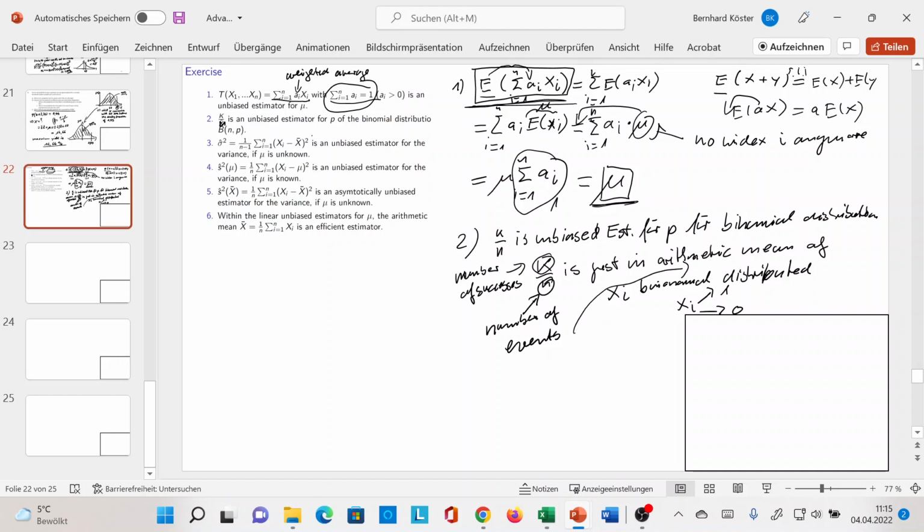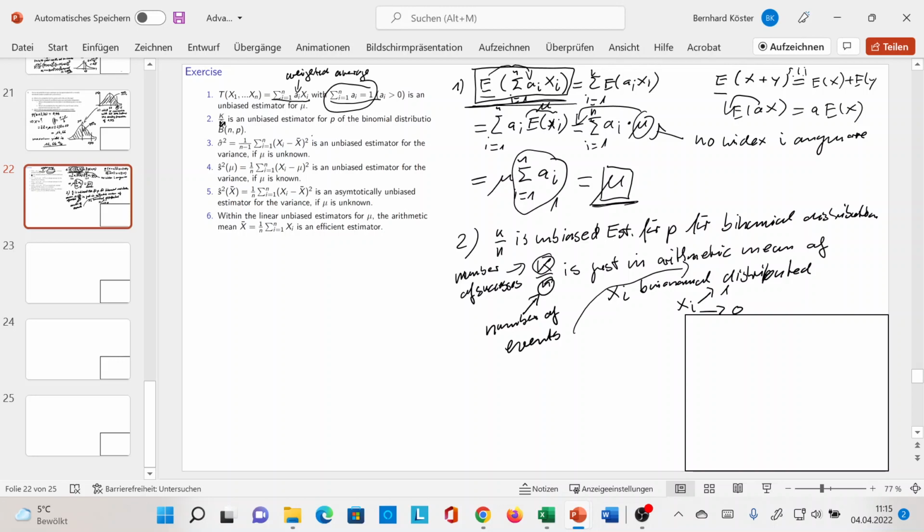Let's say we flip a coin 10 times, 7 times we have a success, then of course 0.7 is just the arithmetic mean of 7 times 1 and 3 times 0.